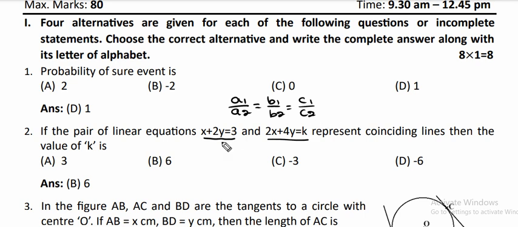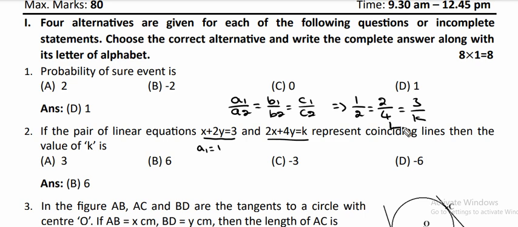In these equations, a1 is equal to 1, so I will substitute directly here. The value of a1 is 1, divided by a2 which is 2, is equal to b1 which is 2 by b2 which is 4, is equal to c1 which is 3 divided by k.